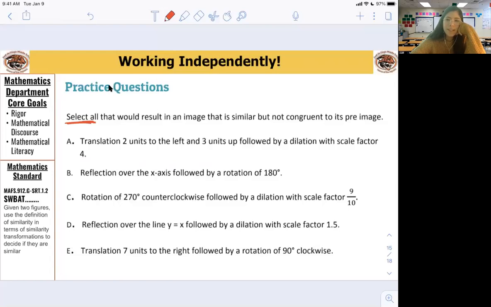All right, guys. 2 people have answered. If you haven't put your answers in, go ahead and do so in the next 30 seconds.